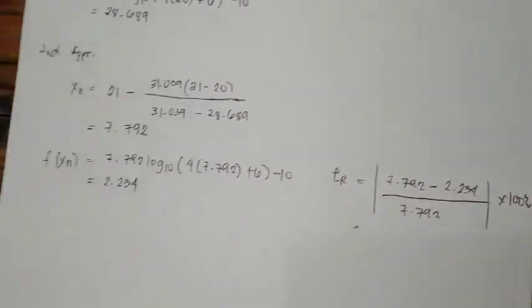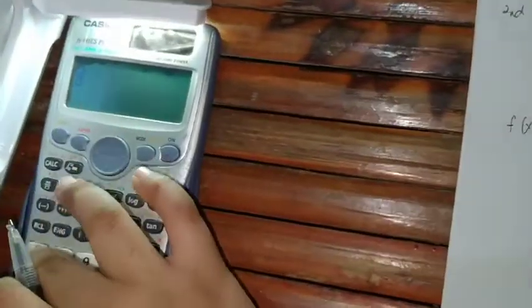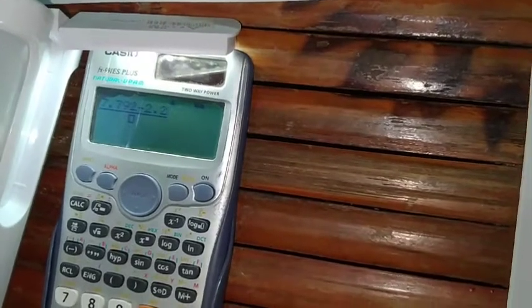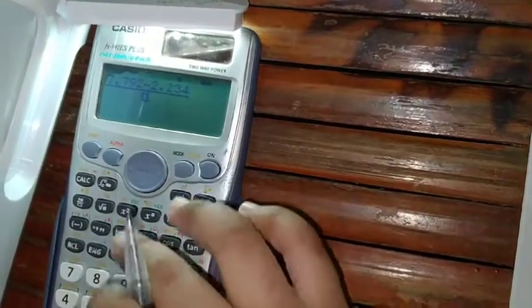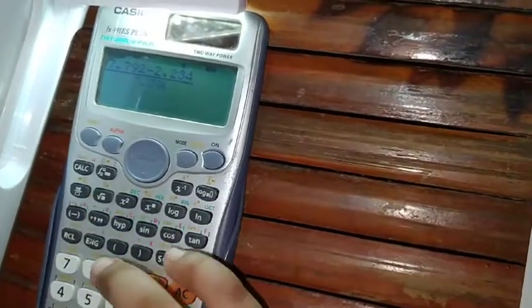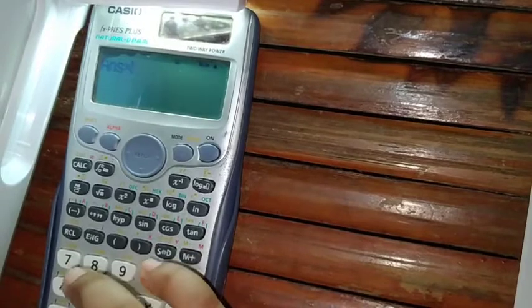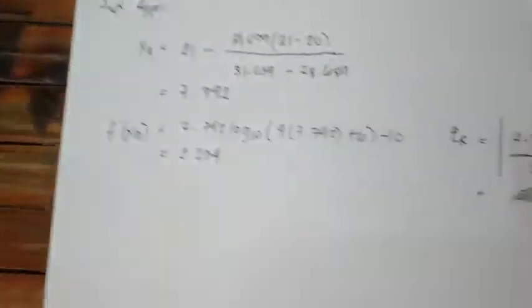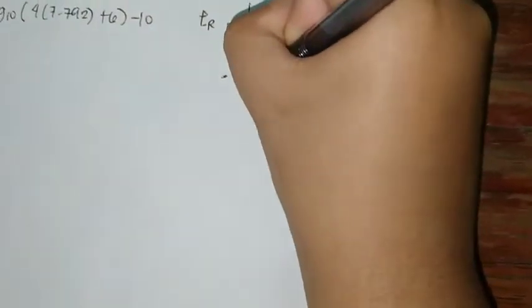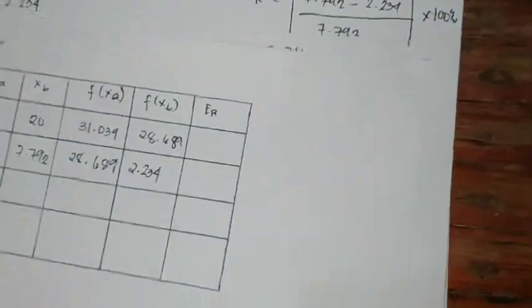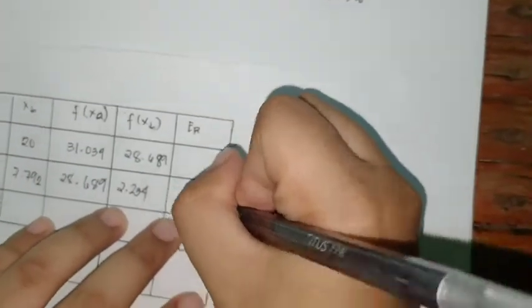So we have 71.33%. So in the second iteration, we have 71.33%.